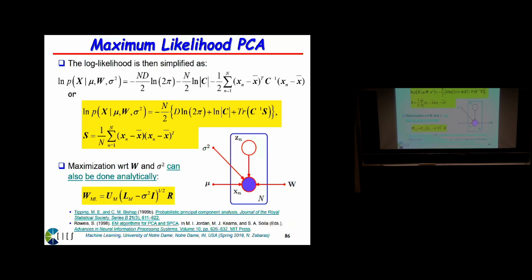This last term here is a scalar. X transpose some matrix times X. And because it's a scalar, I can write a scalar equal to the trace of a scalar. And when you have the trace of ABC, you can permute the symbols around and get the same answer.